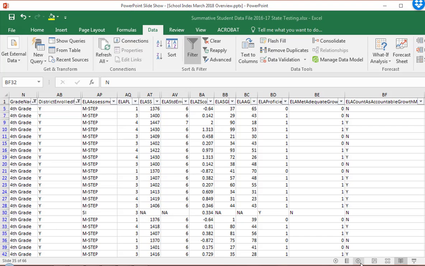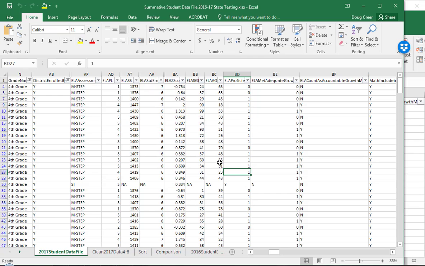I wanted to show you some unique things in your student file. So here's my actual student file, with students who did not make adequate growth and students who did make adequate growth. And these are all my fourth graders. This is my student growth percentile for ELA.